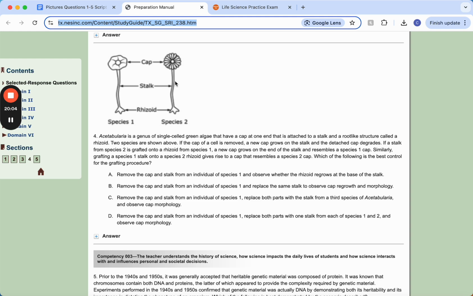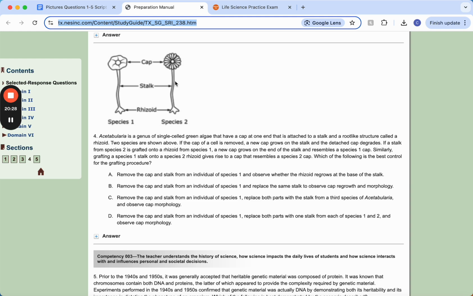All right, so again, let's go through the wrong answers first. And remember what the question is asking. They gave us a lot of words here. The question specifically is asking which of the following is the best control for the grafting procedures. So let's define control if you've forgotten what a control is in an experiment.